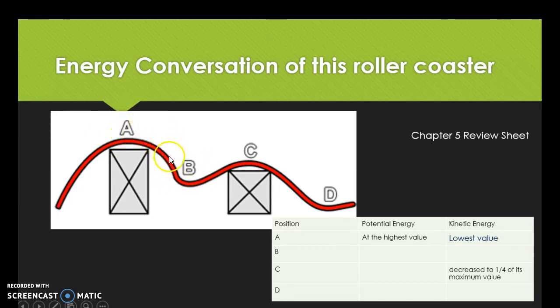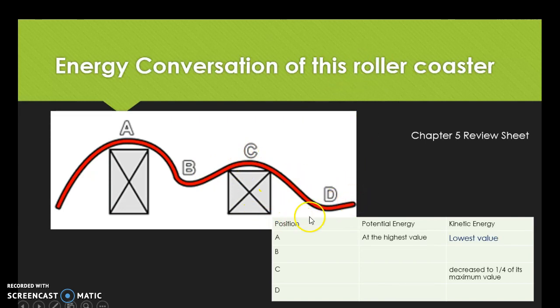So as it's going down towards B, that 100% potential energy, while it was stopped, is now going to be including kinetic energy. There'll be potential energy and kinetic energy as it's going through until it comes to a stop.